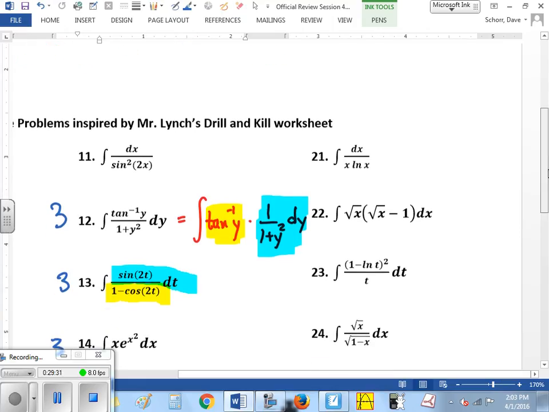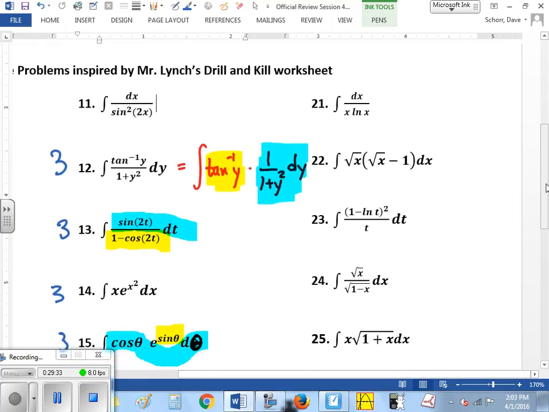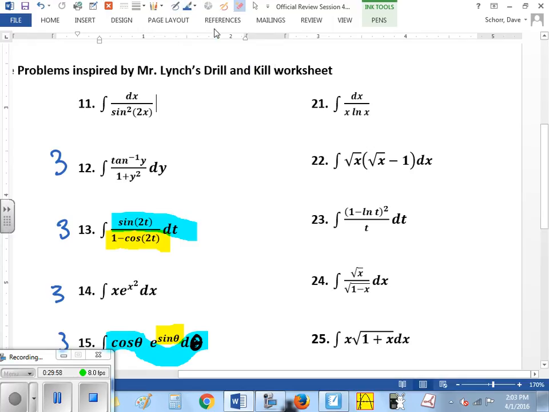Let's skip 21. Let's look at 22. There's a danger of overthinking it. Do you remember when I had you put a number next to each problem to see what kind it was? What kind of problem is 22, actually? It is basic.